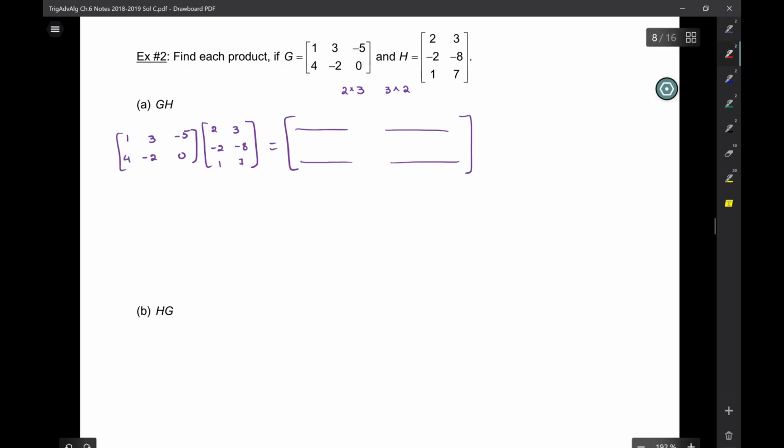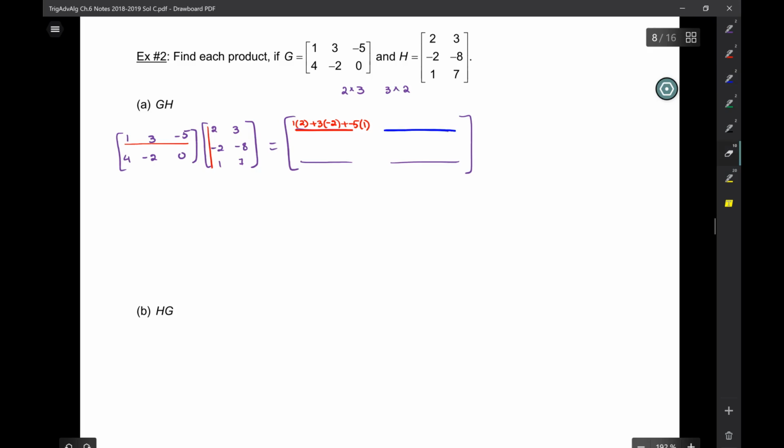This position is row 1, column 1. So I take row 1, column 1. Don't be afraid to use some visual aids here. So now it's 1 times 2, 3 times negative 2, negative 5 times 1. Moving over, this is row 1, column 2.